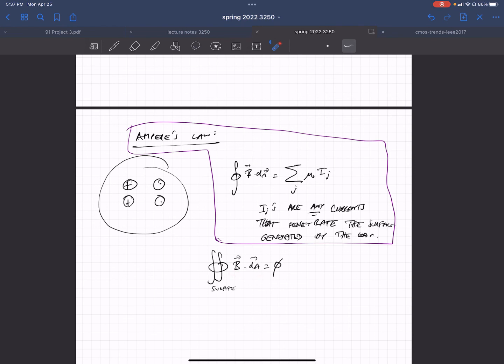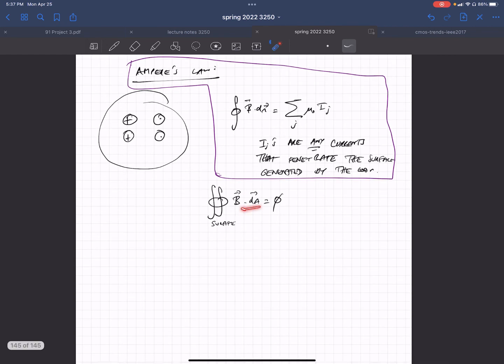Remember Gauss's law had the electric field, E dot dA on a surface, equal to the charges inside. The magnetic version, Ampere's law, talks about going around a loop that includes currents inside, and that gives you the sum of the currents.